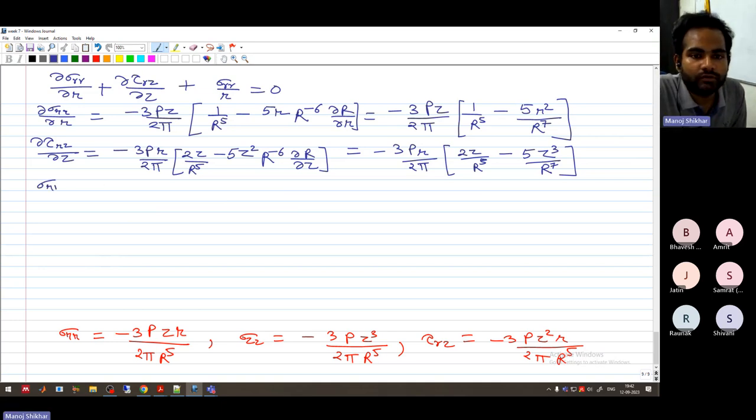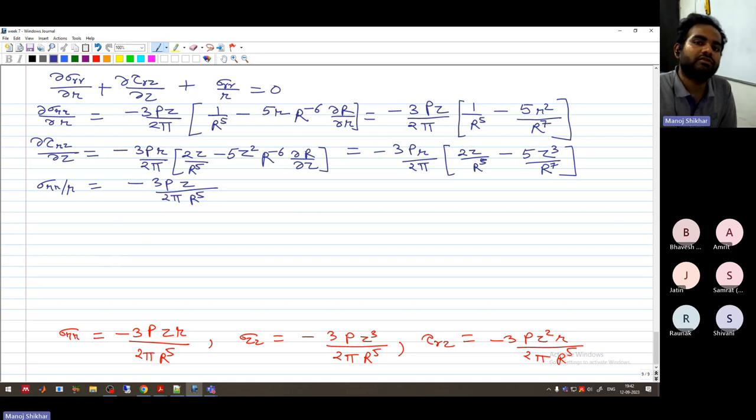And sigma RR upon R is minus 3pZ upon 2 pi R to the power 5. Now we will have to substitute all those in this equation.